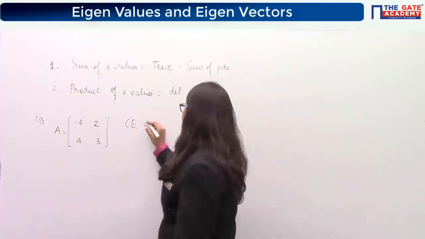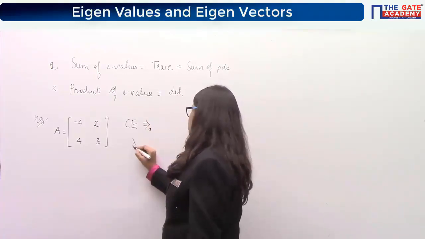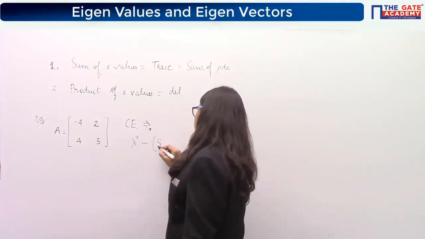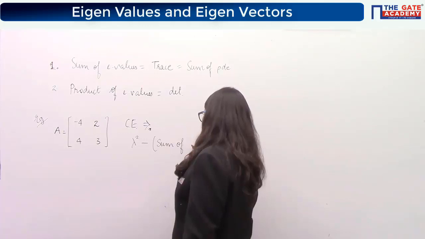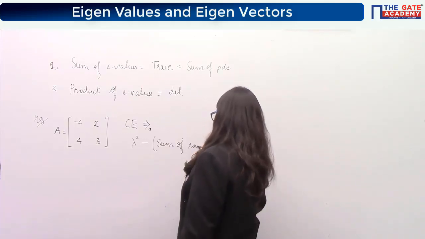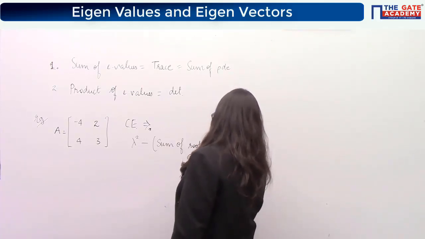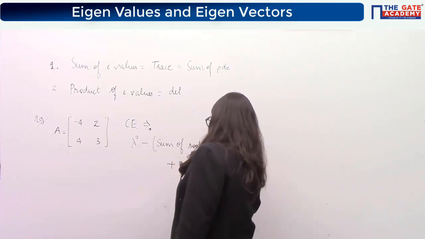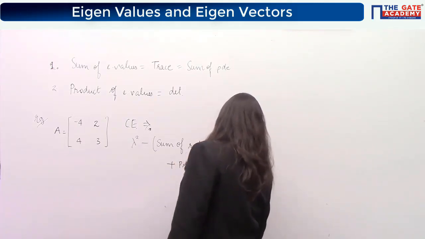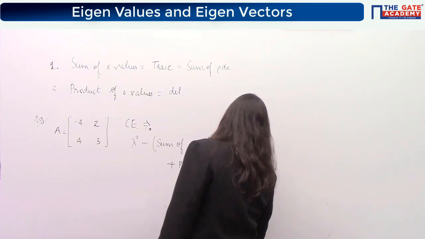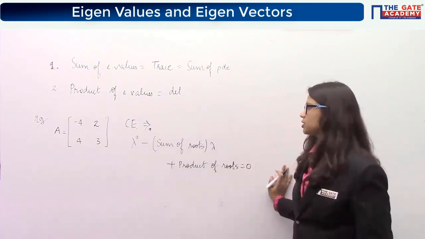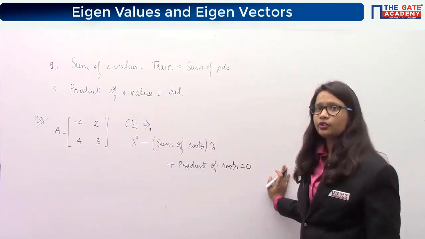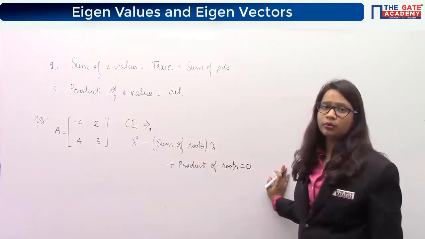Yes or no? We know that for a general quadratic equation, we can write it like this. A general quadratic equation can be written like this: lambda square minus sum of roots into lambda plus product of roots equal to 0.